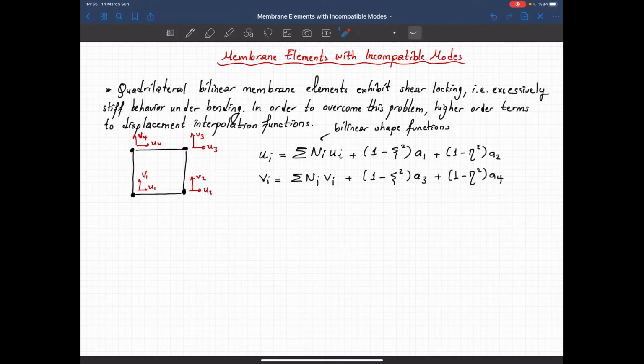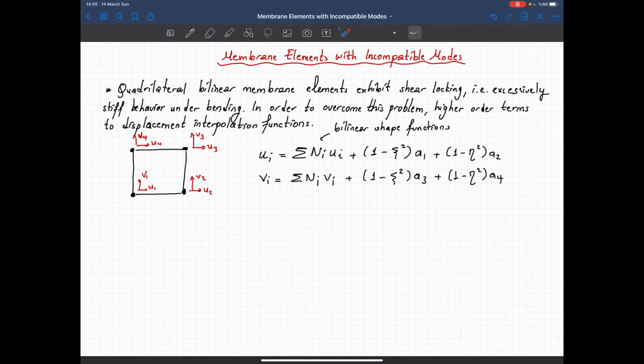So as you see, I define my higher order terms as follows. When I'm at this node, these ones have 0 values. So at every node, these higher order terms will diminish. So I end up with only these bilinear shape functions, and this function satisfies the essential boundary conditions, as well as it is continuous and one-time differentiable.